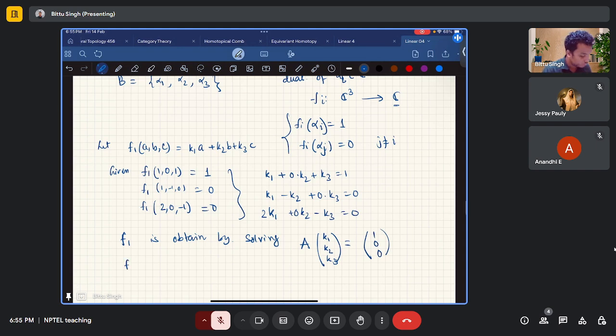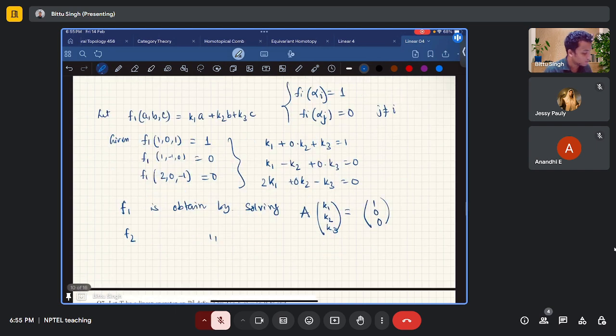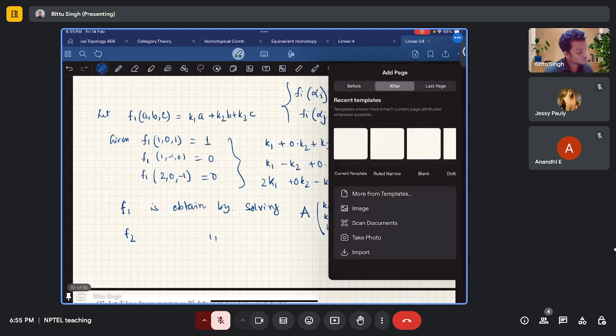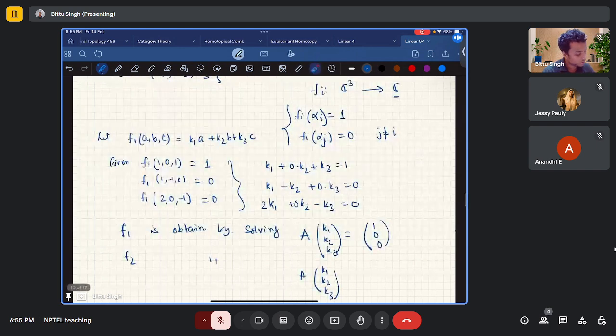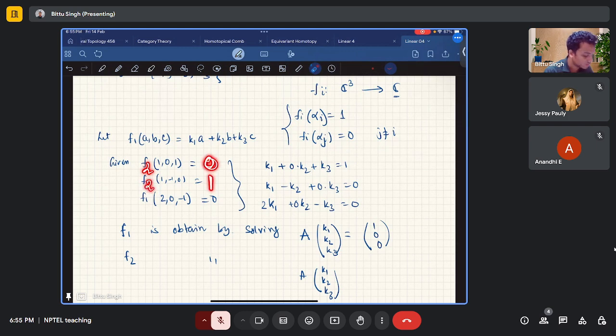Similarly, f2 is obtained by the equation A times (k1, k2, k3), where everything is the same, but f2 applied on the first vector gives 0, on the second gives 1, and on the third gives 0.